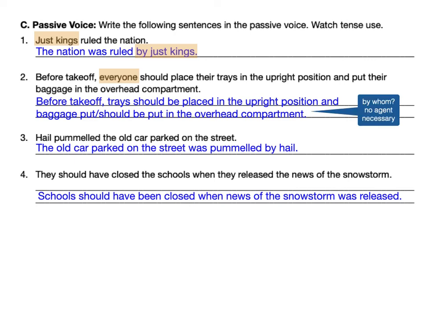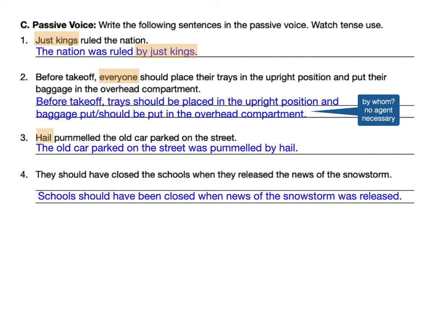Because everyone is what we call an indefinite word, it doesn't refer to anyone specifically. Number 1, just kings, refers to a restricted group of kings or of people, a named group. Everyone doesn't, so we don't have to put in an agent. In fact, in this case, it makes sense at times to use the passive voice.